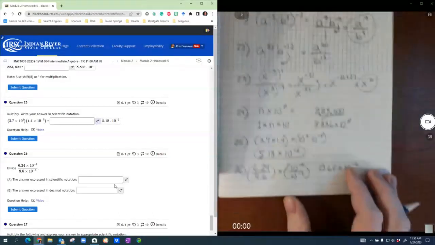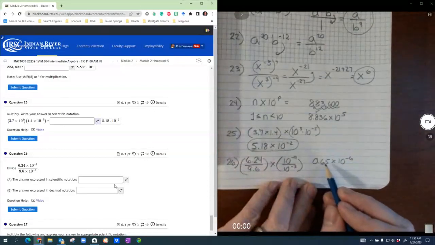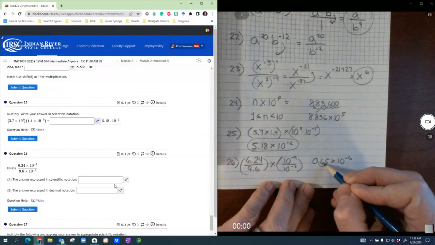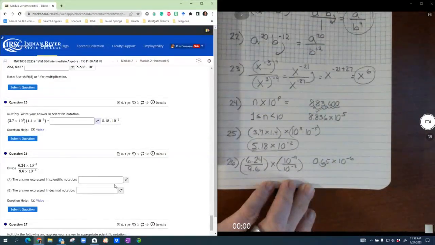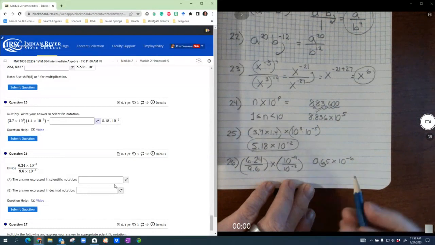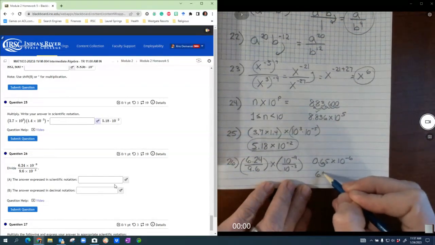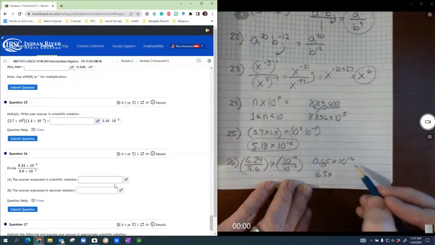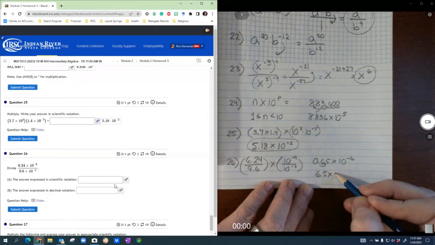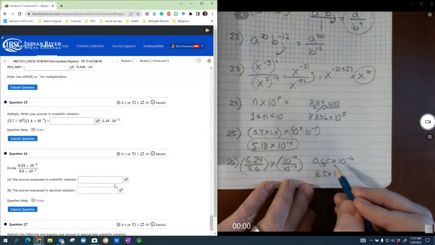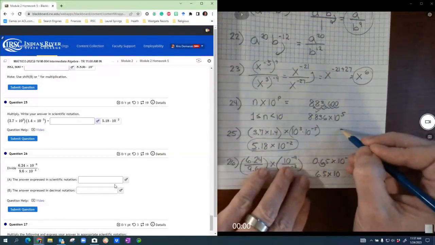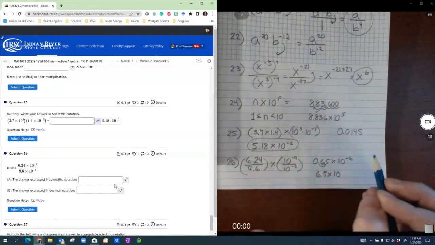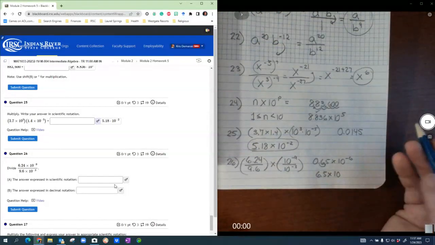Now the issue we have here is that the value that we have is not between 1 and 10. So we have to move the decimal point over to the right, all right? When we move it to the right, we have to subtract that many units from the exponential power. Let's say you have this, and you need to write this in exponential form or scientific notation.